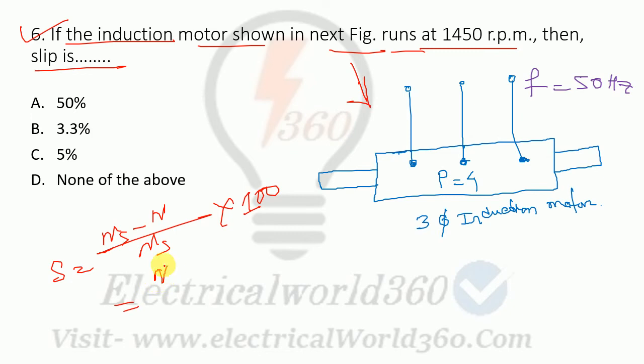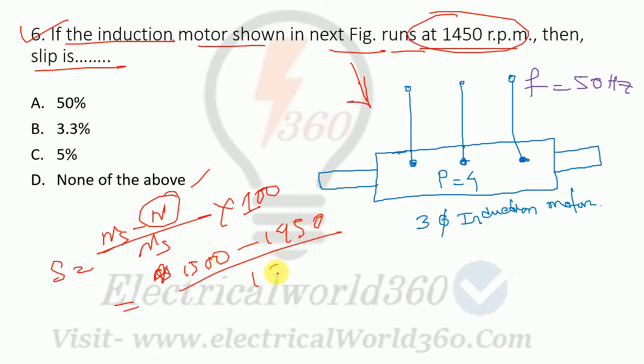So Ns is 1500 minus the N, that means 1450, by 1500, this is the Ns, into 100. So after solving that, we will get slip equal to 3.3%. So that's why here the option number B will be the right answer.